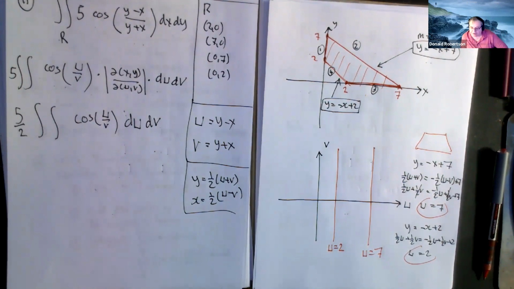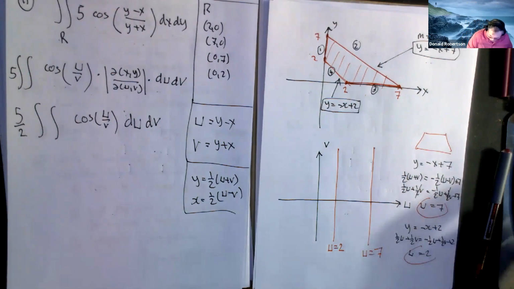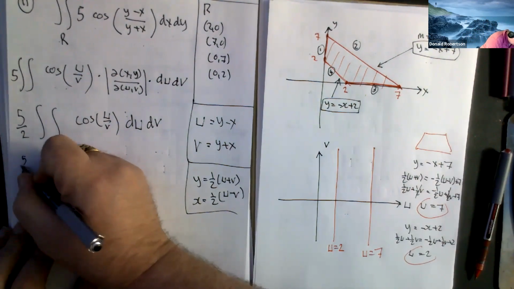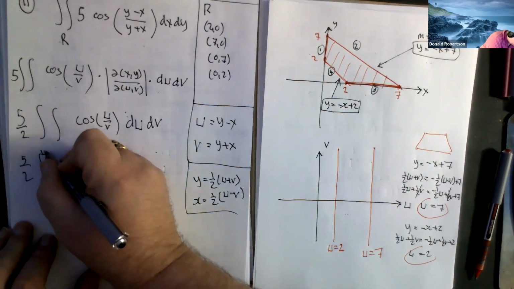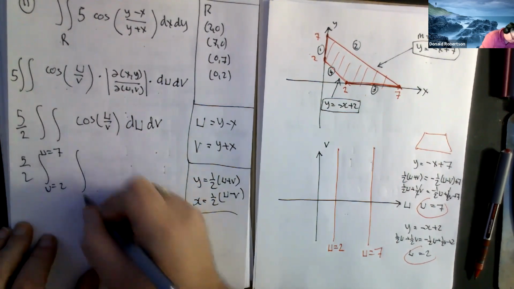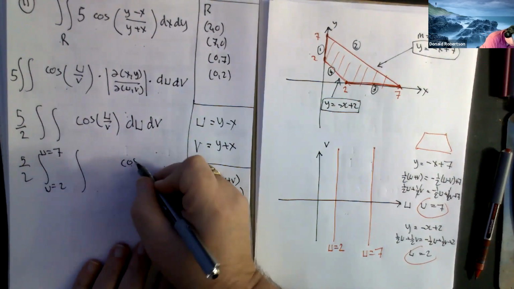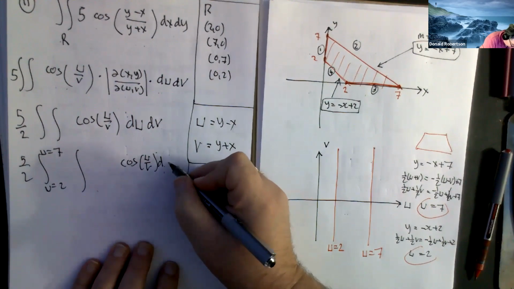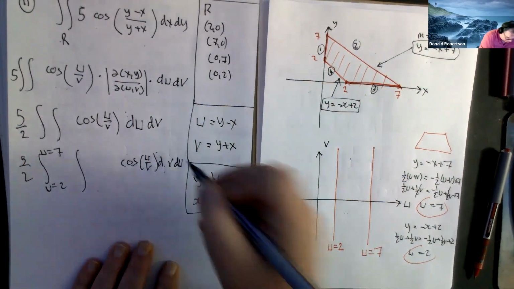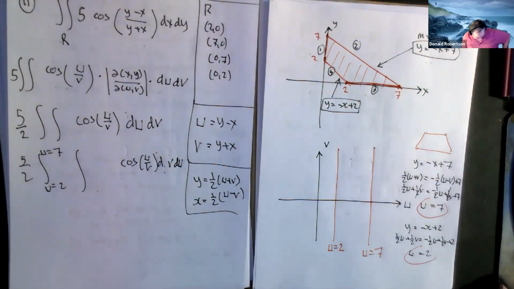So far, so good. So I actually do know some good stuff. I know that u goes from 2 to 7, and since they're numbers, they definitely belong there. I've got this. And I'm going to be doing the v first, and the u second, because it makes more sense.